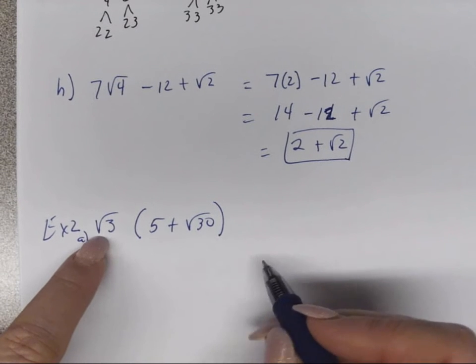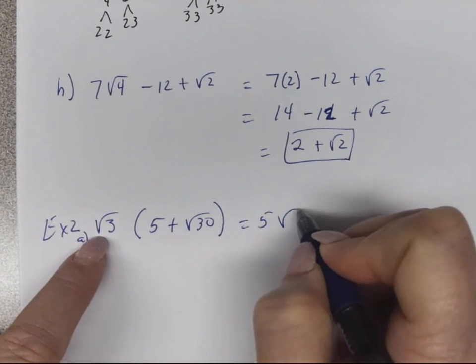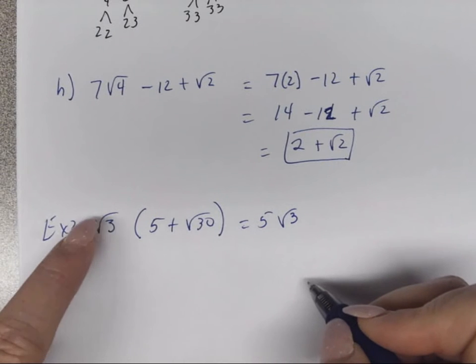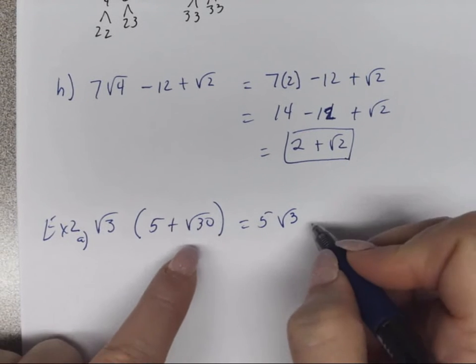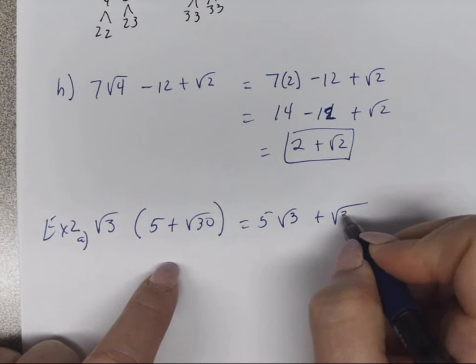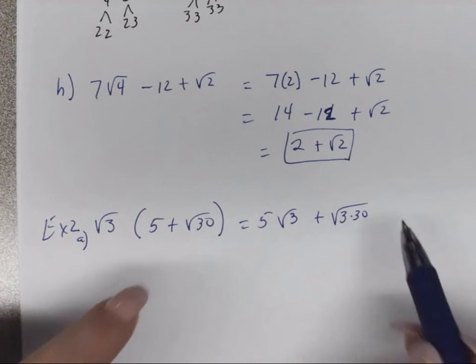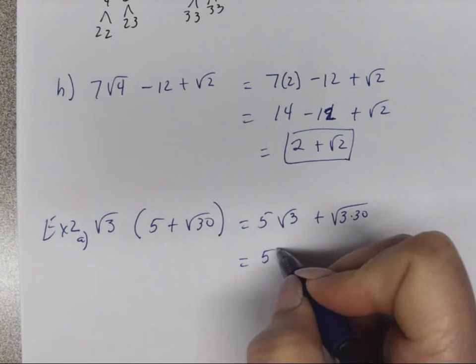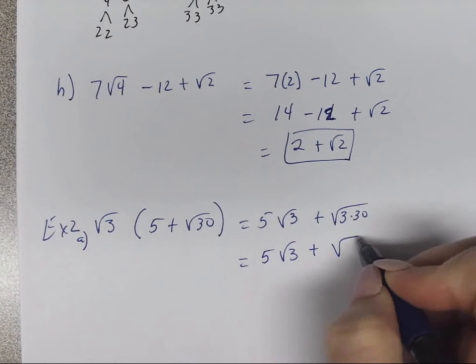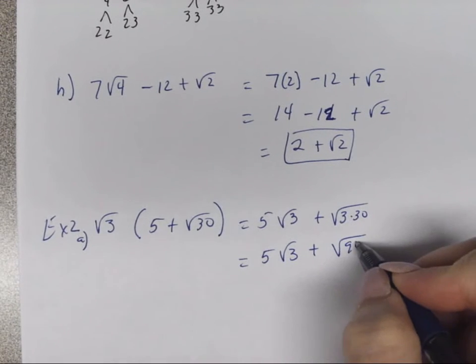So square root of 3 times 5 will get us 5 square roots of 3. Square root of 3 times 30, that'll get us the square root of 3 times 30. We're multiplying on the inside of the radical. Because they're both square roots, we can do that. So 5 square roots of 3 plus the square root of 3 times 30 is 90.